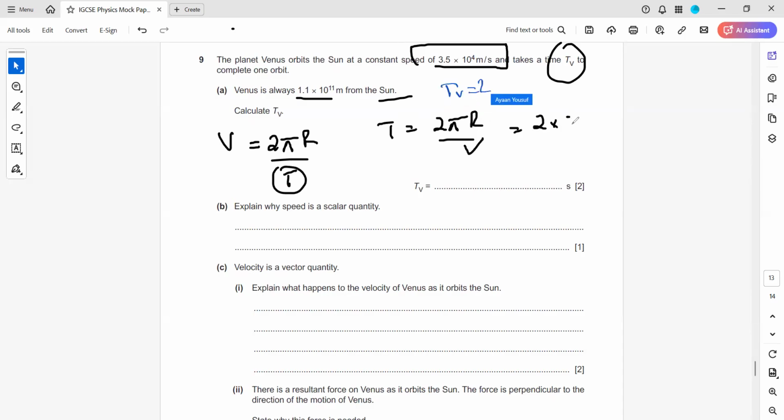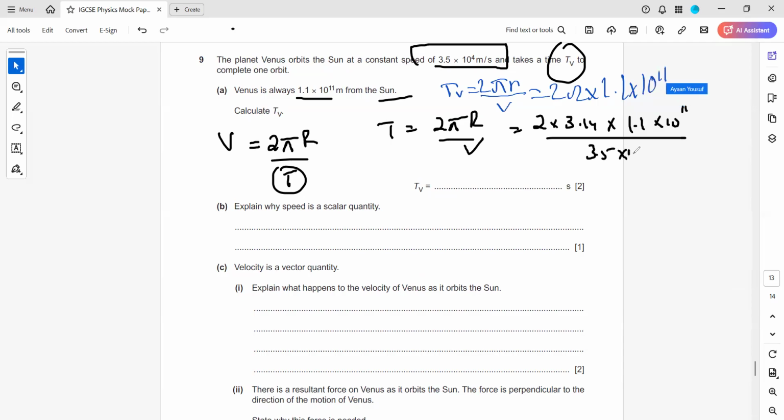So 2 multiplied by 3.14 multiplied by the radius, the distance which is 1.1 × 10^11 meters, divided by the speed at which it is moving, 3.5 × 10^4. When you divide them, you will get the time it takes, 2 × 10^7 seconds.